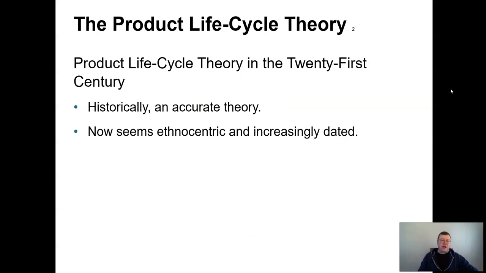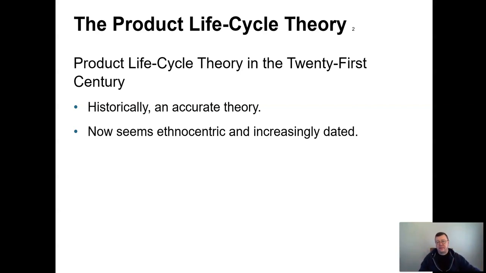While the product life cycle is historically accurate, it was true in the 60s, now not so much, right? Most products are not just introduced in the United States. The United States is not necessarily the most advanced economy, or at least the gap between the United States and the other economies is not nearly as wide as it was in the 1960s.